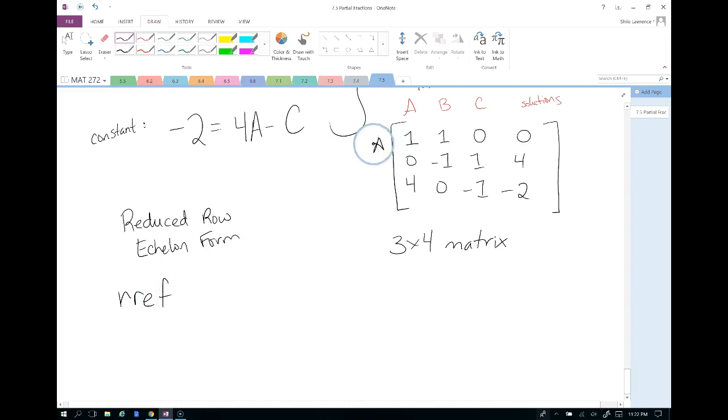So the first thing we want to do is store this into our calculator under matrix. So you have a button on your calculator that says matrix, and then there's some options when you go into the matrix screen. Matrix can actually be found by hitting your second function button and then x to the negative 1.